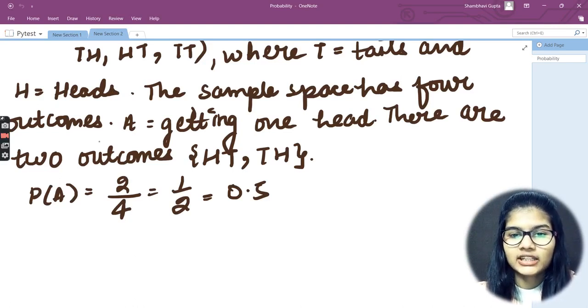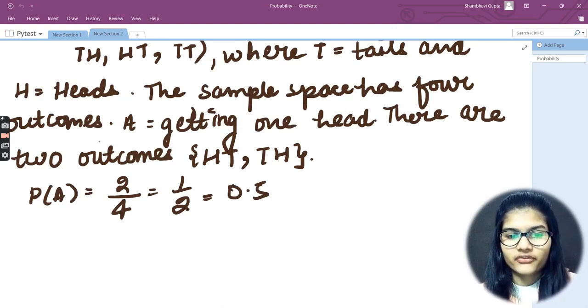And A will be getting 1 head. So in that case, there will be 2 outcomes, that is head tail and tail head, because these are the only 2 outcomes in which one head is occurring. So I just wrote both of those, and then the probability of A is 2 by 4, that is, if I cancel that out, equal to 1 by 2.